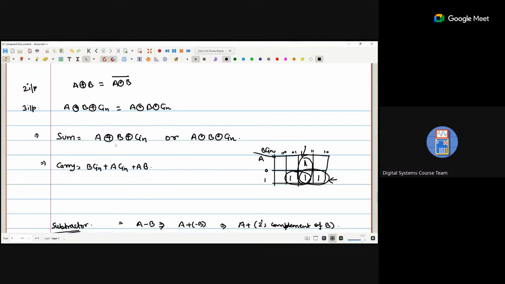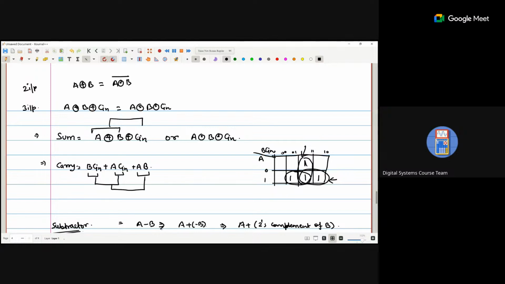Initially A XOR B is done, then the output is XORed with the carry in. Similarly for the carry, one AND gate, one AND gate, one AND gate, OR gate, and then again OR gate.